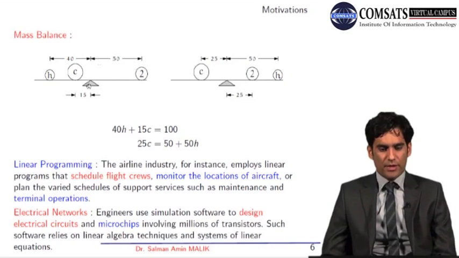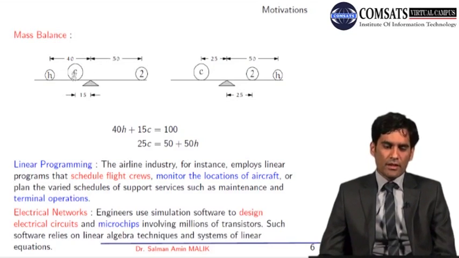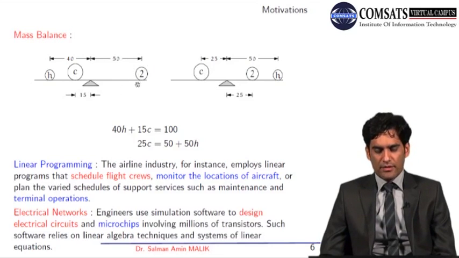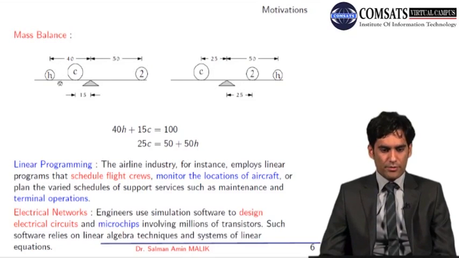So if I am going to write down the mass balance equation for this first figure, then this object of 2 kg tries to turn the rod counterclockwise, whereas these two masses try to turn the rod anticlockwise.